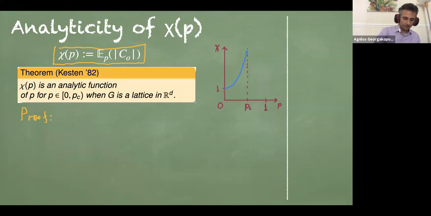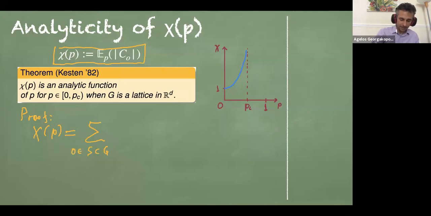I'm going to write down a formula for chi as a series. I'm going to add over all possible clusters of the origin that I could see. So S is a candidate for a cluster of the origin.